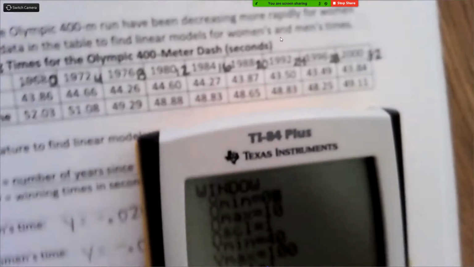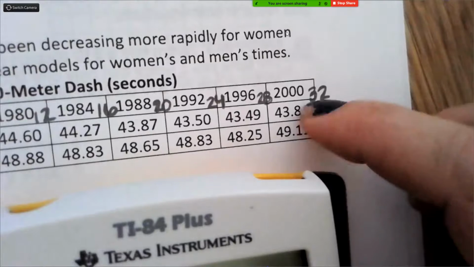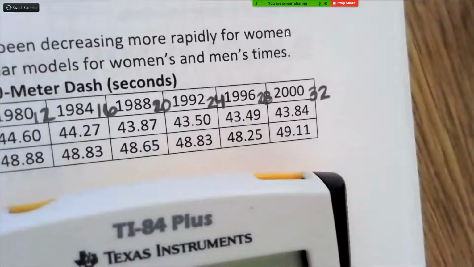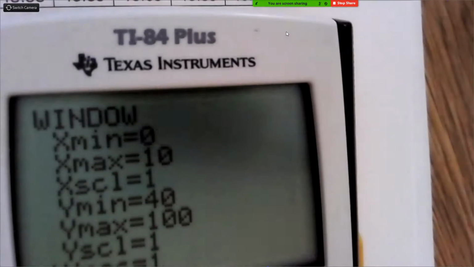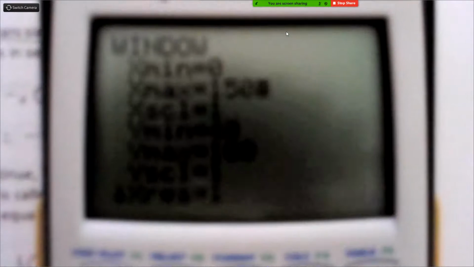Because if you're comparing these 2 times here in 2000, they're really far apart still. So I think it's going to take the women a lot more years than I want to admit. But let's say like 100, it's safer to go further than it is to not go. So we're going to take our domain out to 150. So x min 0, x max 150.